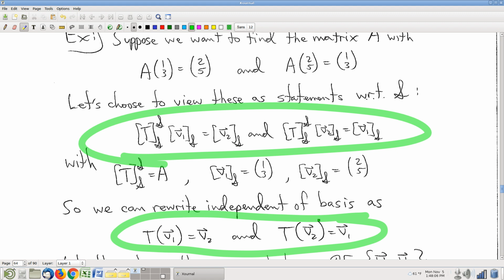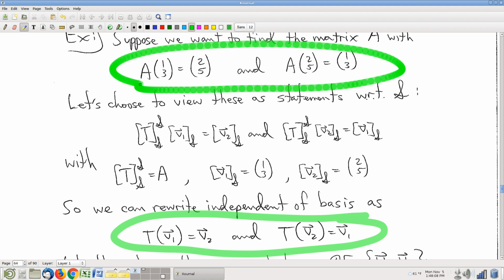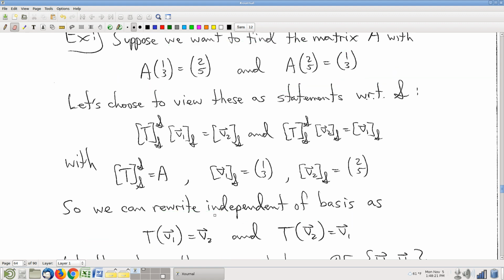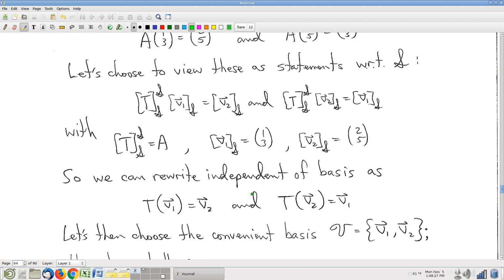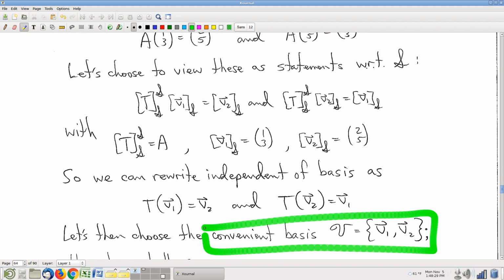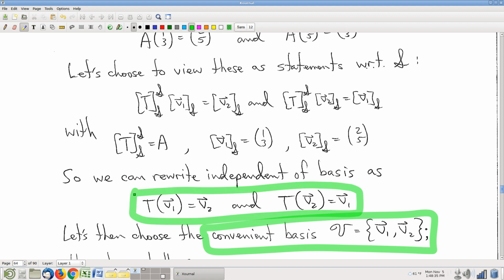Okay, so punchline, we recognize that is just a particular basis representation of what is in fact a linear transformation and some vectors. Okay. All right. So, I claim that this is a convenient basis for understanding the linear transformation about which I know this.